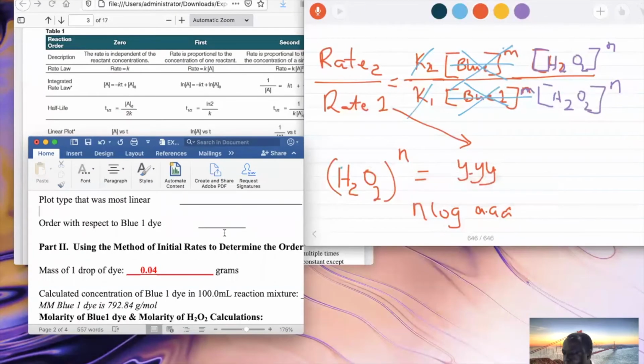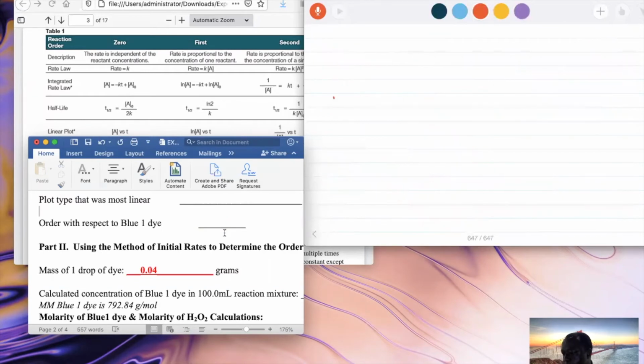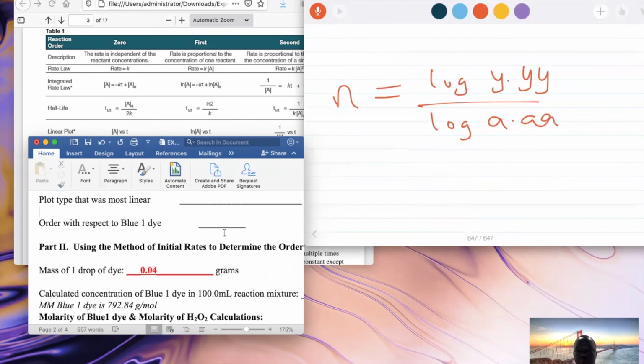I'm calling it A, equal to log of y, which means the exponent N, or reaction order for peroxide, is given by log of y over log of A. This is what we looked at last time using algebra to find the reaction order with respect to peroxide.